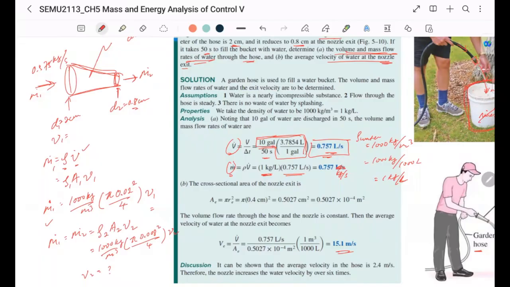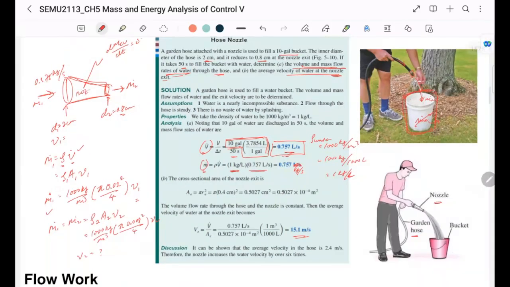So really when you analyze a system, it's quite important to look at where is your control volume, where is the boundary that you are analyzing. Here the focus is actually the nozzle.